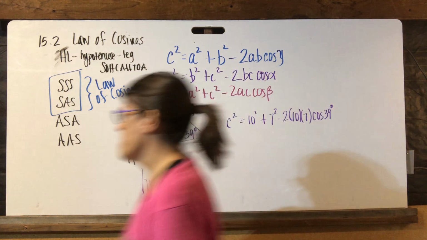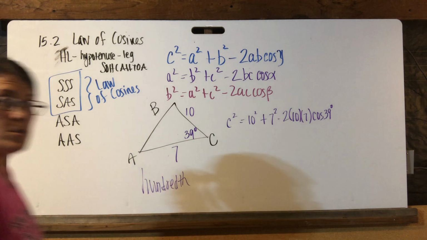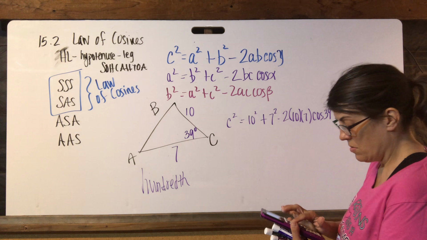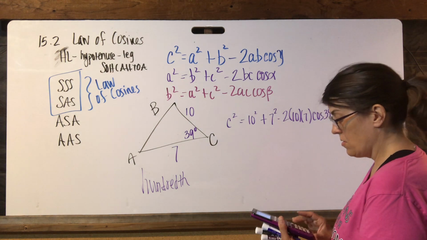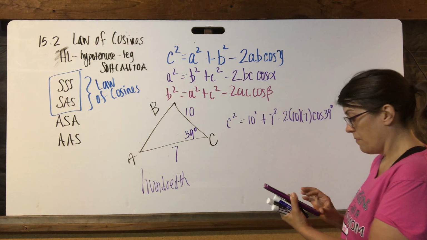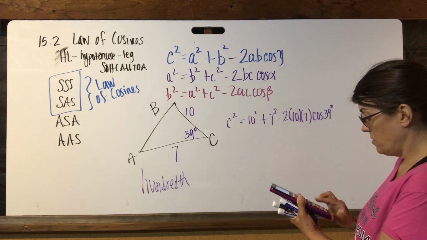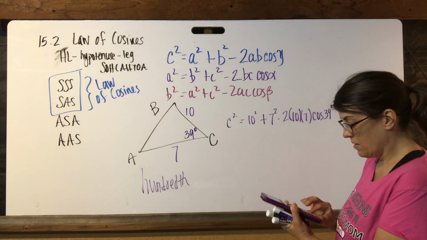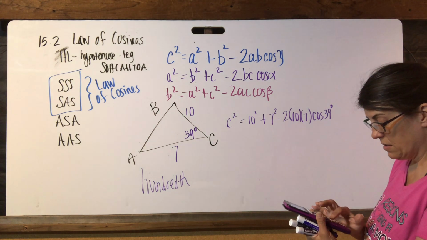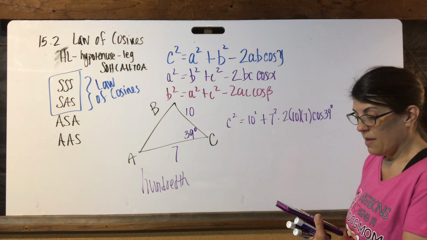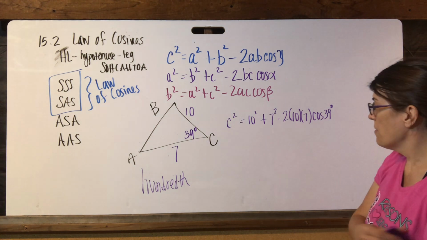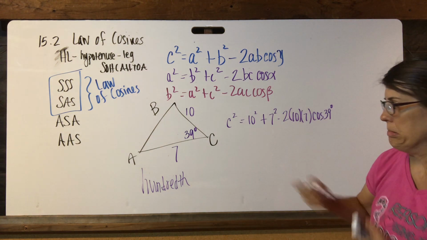So plug in. Don't forget to square root. 149 minus 2 times 10 times 7 cosine 39, square root. 6.34. Hopefully that's right.